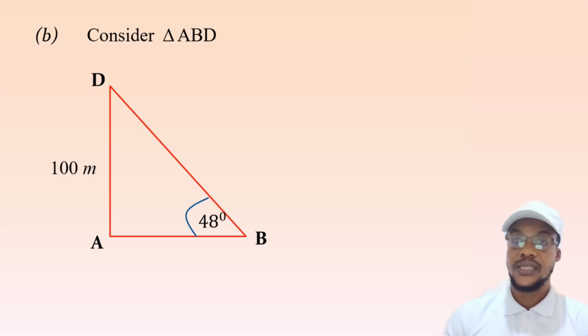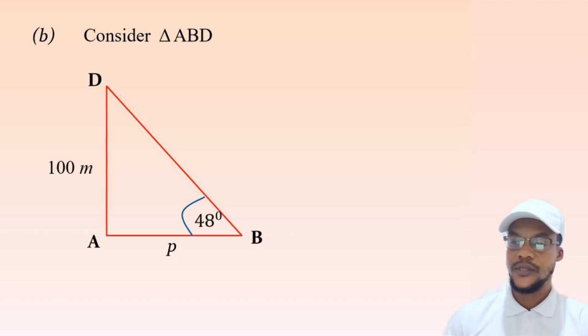Because the question says we should find the distance between the two vessels, that is the distance between B and C, but we need to know the distance between A and B, which is our P. Great.